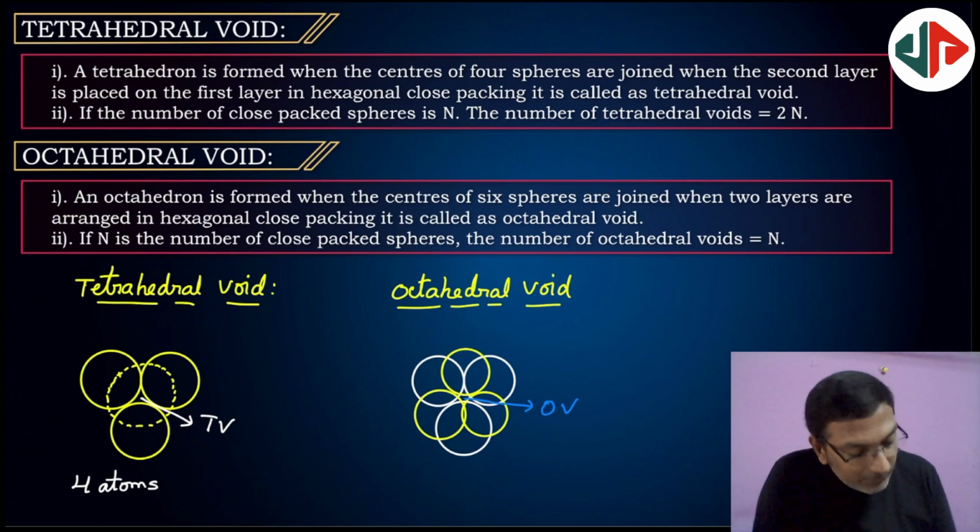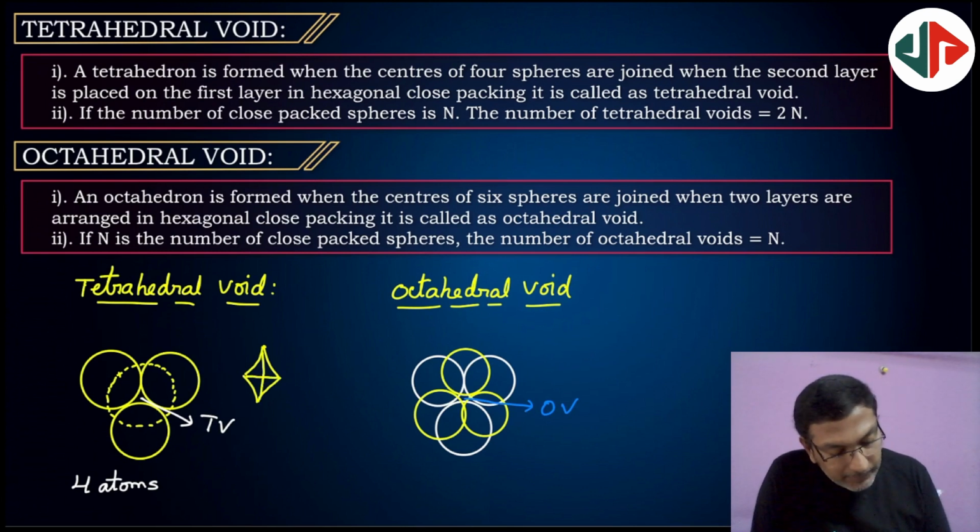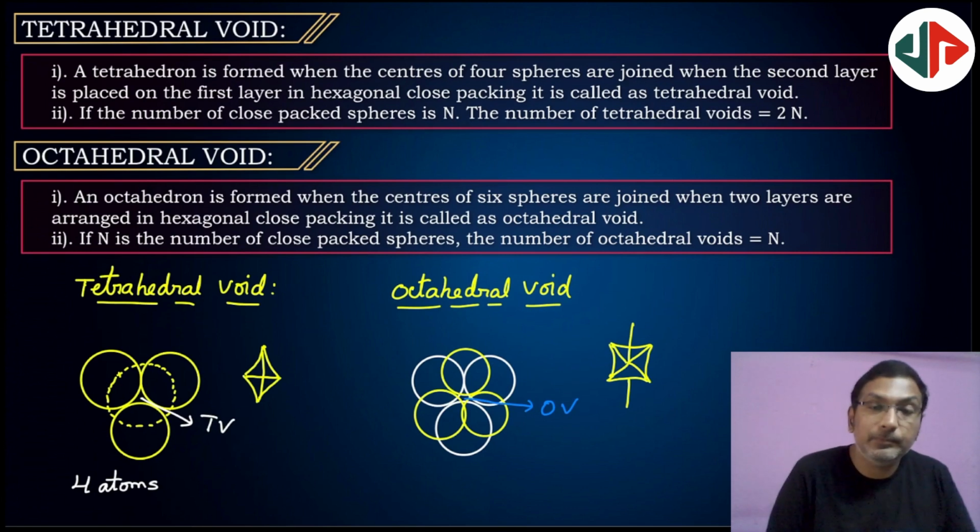So tetrahedral void shape will be like this. Octahedral void like this. Remember this.